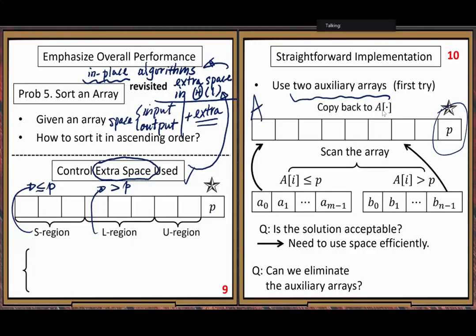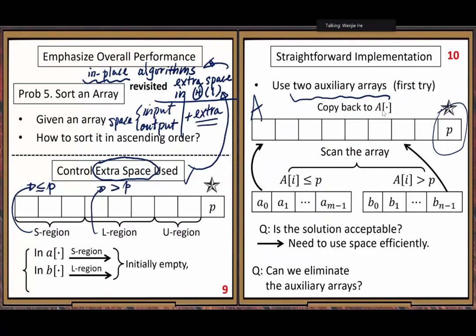Then we can grow the S region, grow the L region, and shrink the U region, because we keep growing data in the S region and the L region, and we shrink the data in the U region. When we start, we set these two regions empty initially, and the U region is full, except the pivot element.